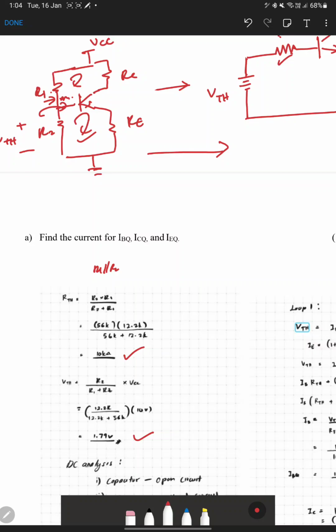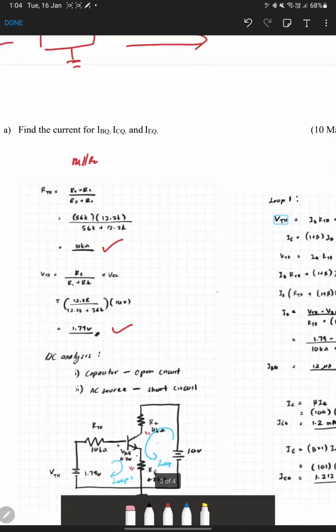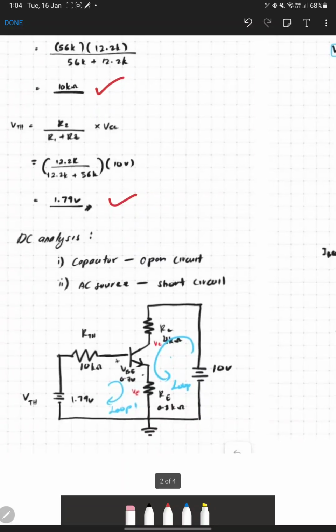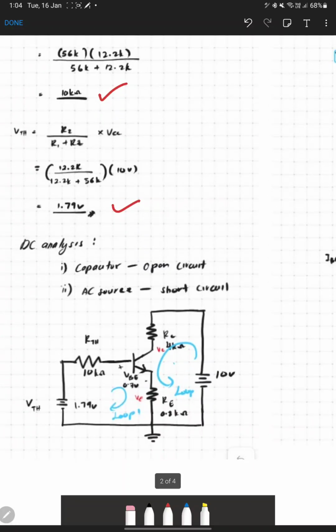Now we enter the values into our normal circuit: VCC equals 10 volt, RC equals 4K, RE is 0.8K, RTH is 10 kilo ohms, VTH is 1.79, and VBE is 0.7.